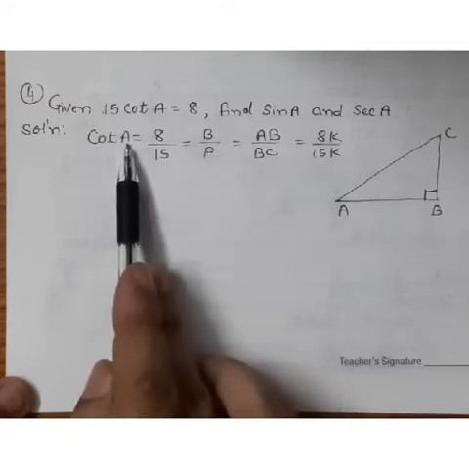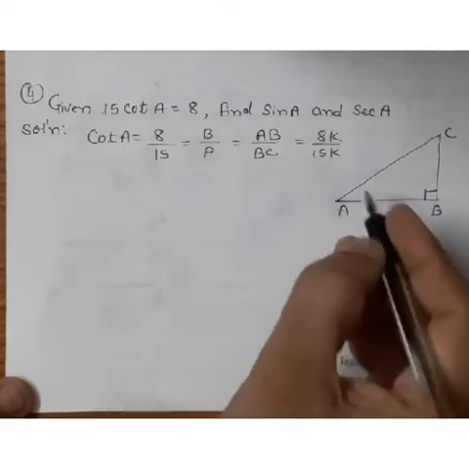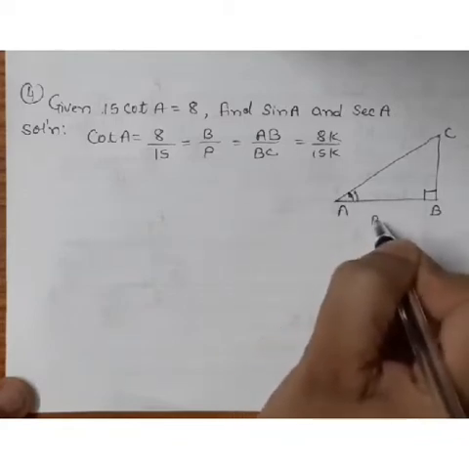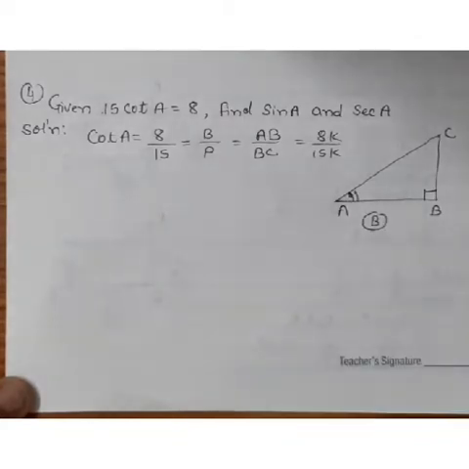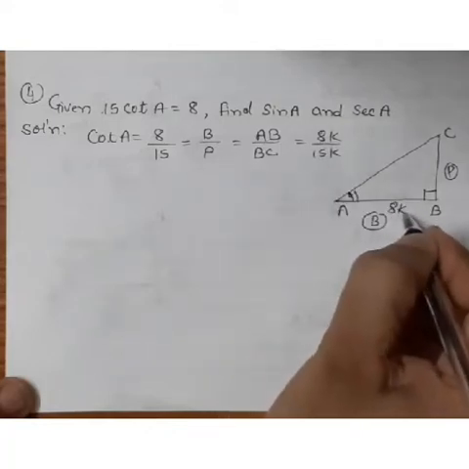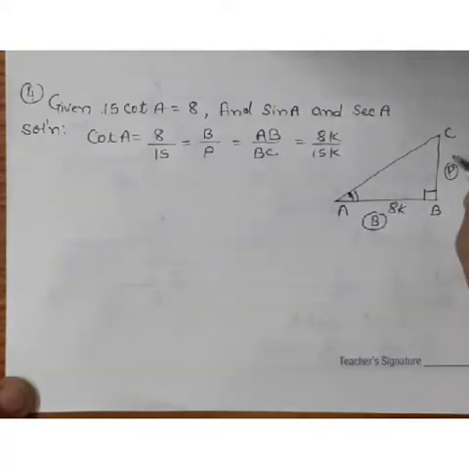Because A is given, no, angle, so make this A angle. So this is your base and this is your perpendicular. Clear? So base AB is your 8K. I am taking constant K here. And this is your 15K.